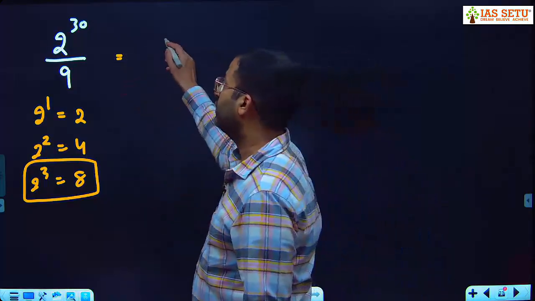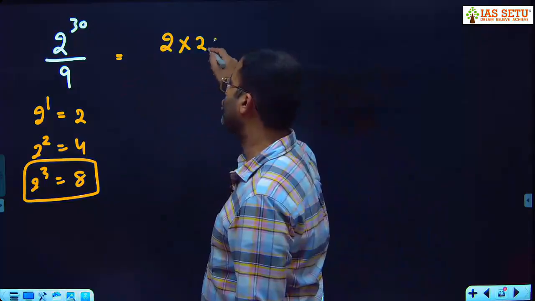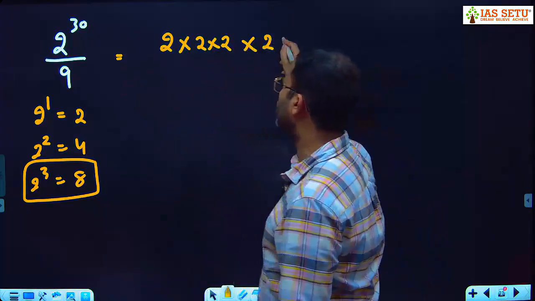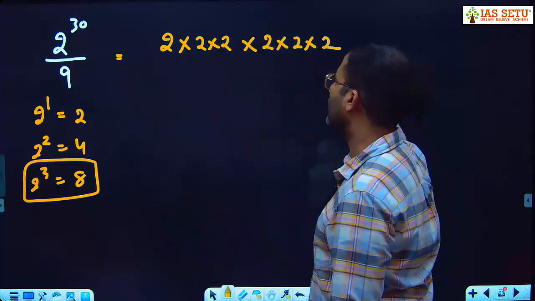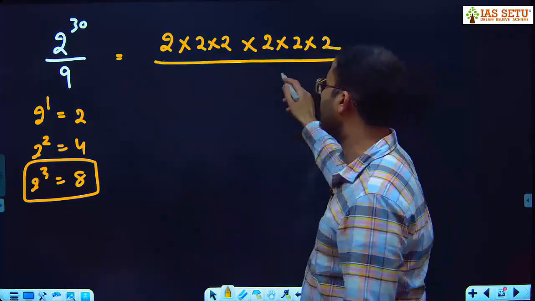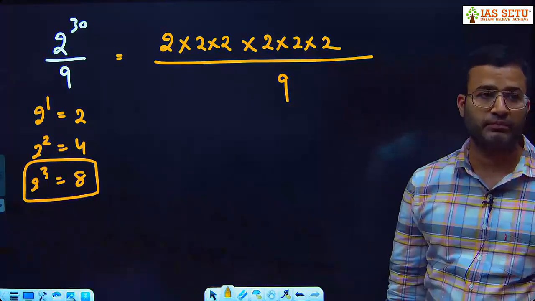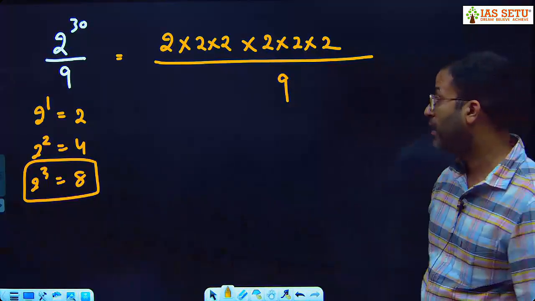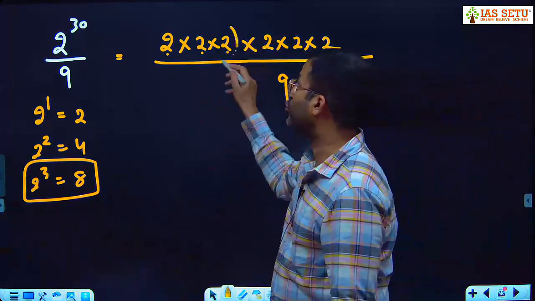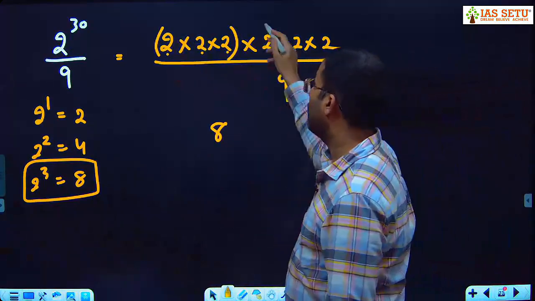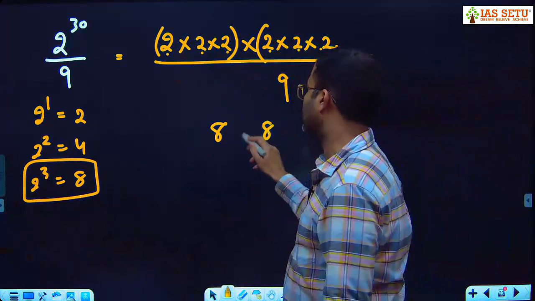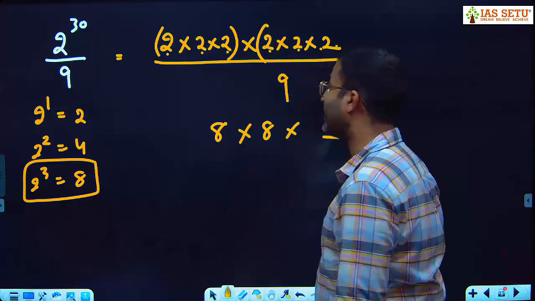See here, this is 2 into 2 into 2, 30 times, divided by 9. We can't multiply 2 thirty times because it is time consuming. But when we take 2 into 2 into 2, it is 8. So it is 8, how many times? 10 times.